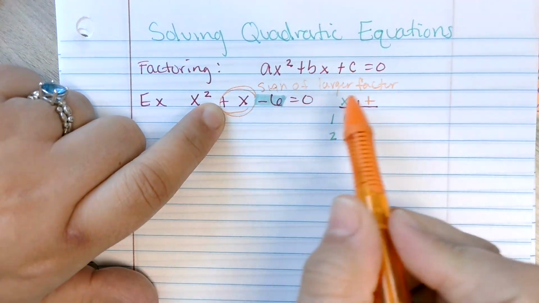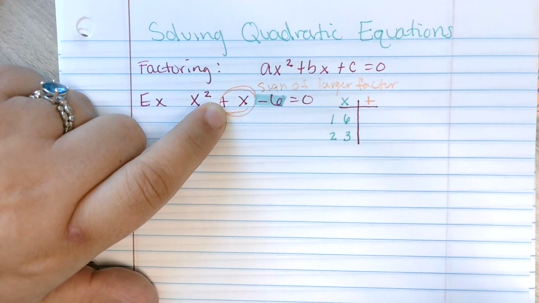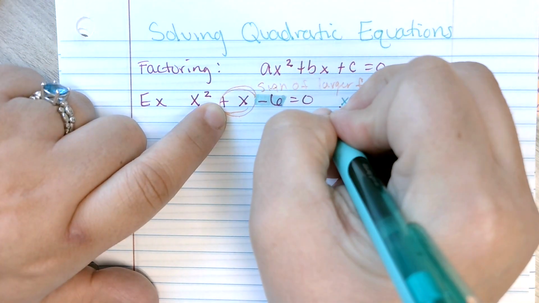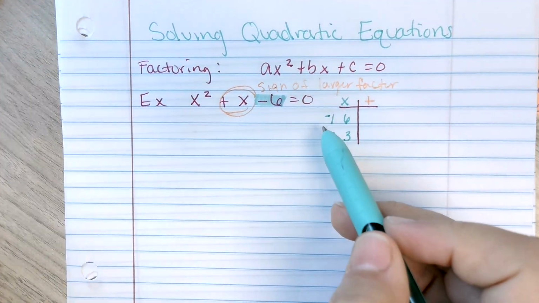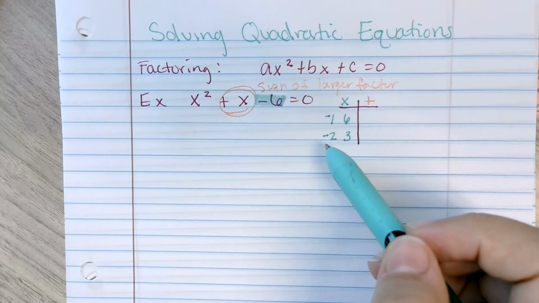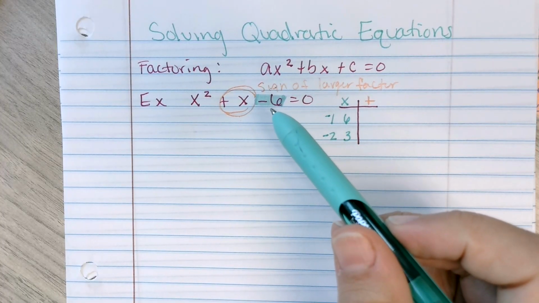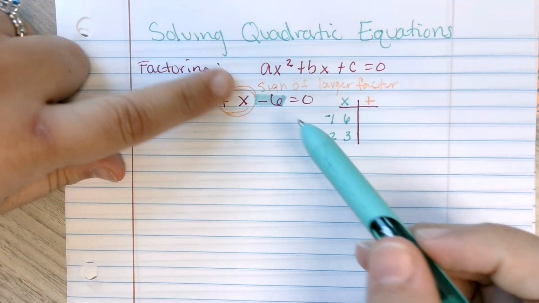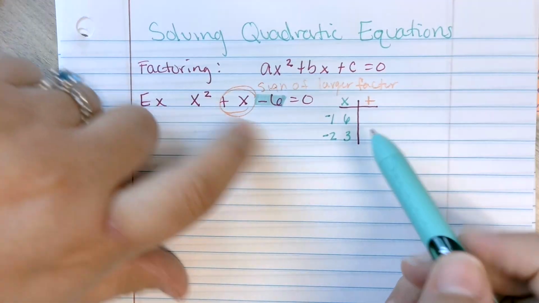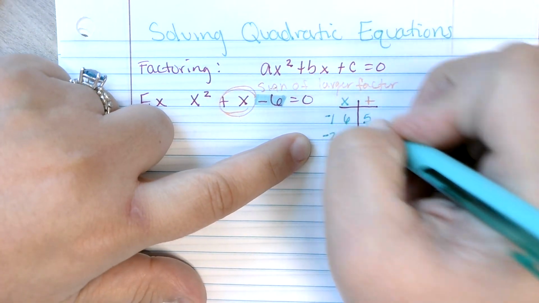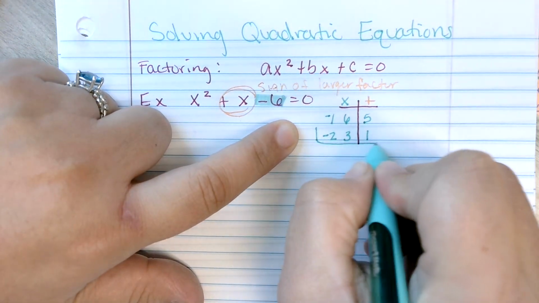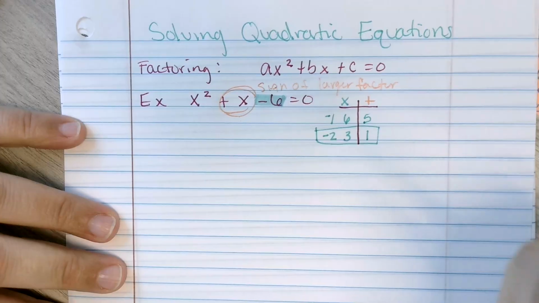So I know that the larger number in my factors here needs to be positive, which means my negative is here. Now, negative 1 times 6 is negative 6, and negative 2 times 3 is negative 6. But which one, when I subtract them, gives me 1? Well, that's 5, and that's 1. So I'm going to use the factors of negative 2 and 3.